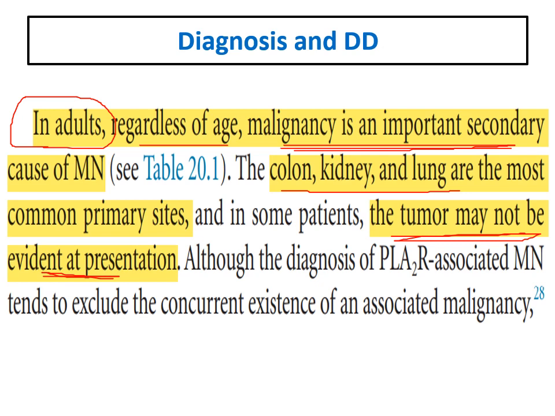From our practice, we have seen that the malignancy might appear before membranous, at the same time as presentation with membranous, or after membranous glomerulonephritis by years. So malignancy can come before, at the same time, or after membranous. We should exclude malignancy when we are dealing with a membranous patient.